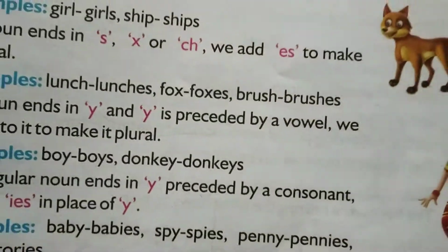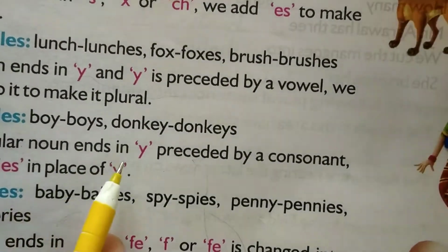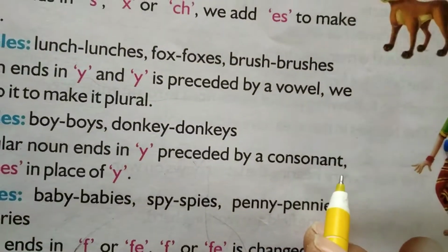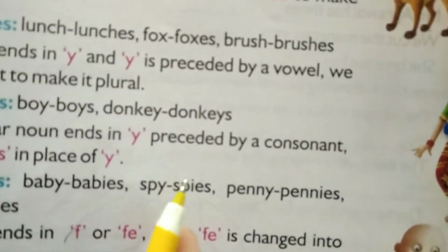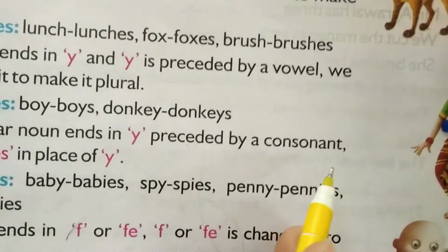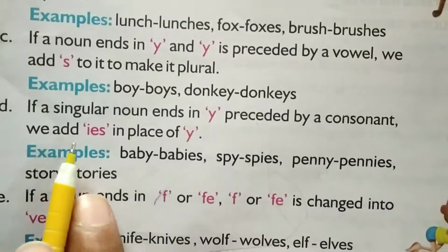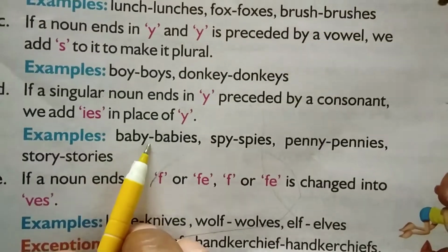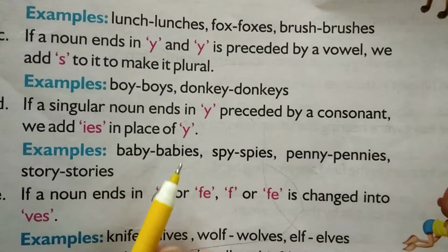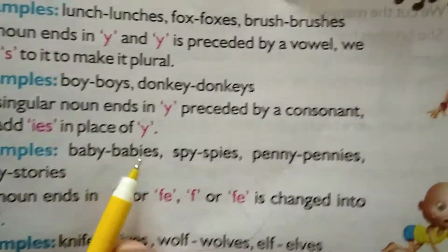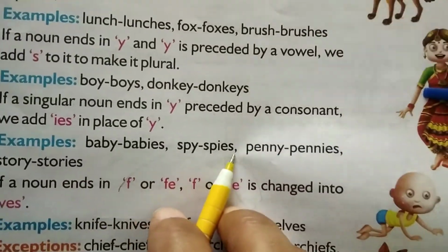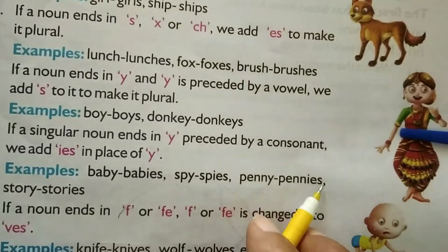Now same way, if a singular noun ends with y and is preceded by a consonant, before it was preceded by a vowel, now it is preceded by a consonant, we add ies in place of y. Like baby, we will remove y and add ies. In spy, we will remove this y, we will add ies. Penny, pennies.